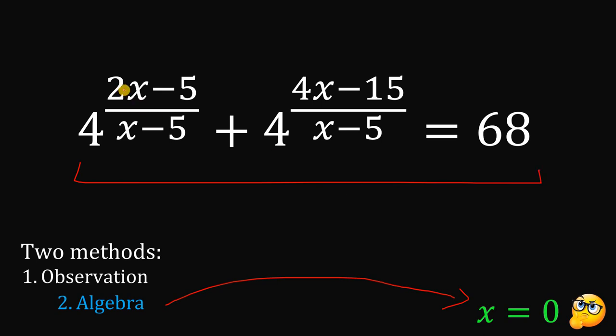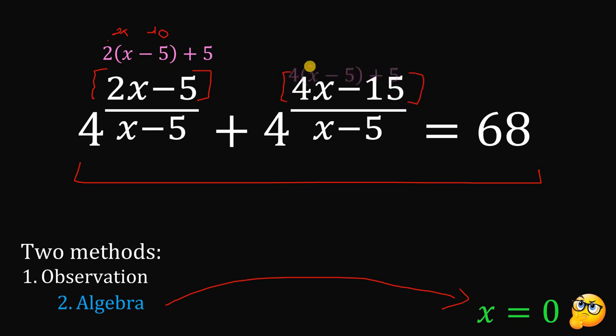So, to answer this, 2x minus 5 can be written as 2 times (x minus 5) plus 5, because 2 times (x minus 5) gives 2x minus 10, and negative 10 plus 5 will give us negative 5. Okay. Now, how about 4x minus 15?